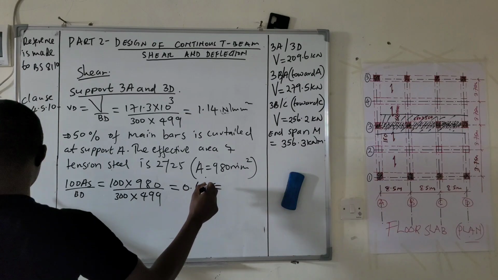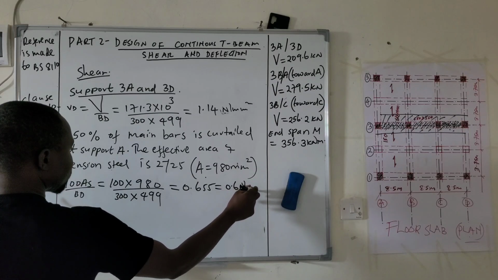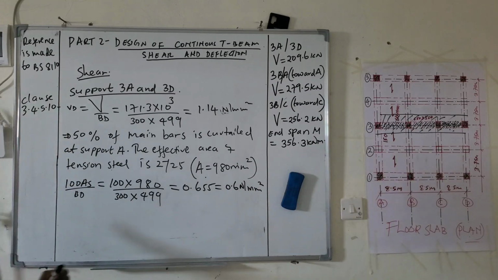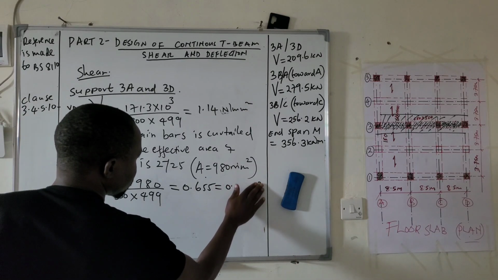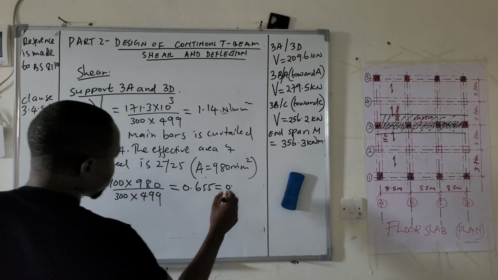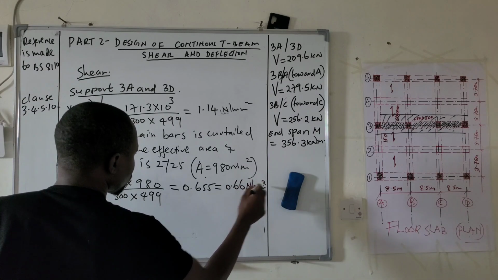If you round it, you will get 0.6 Newton per millimeter square. So that is our VC. Now this one is equal to 0.66. If you round it, it's equal to 0.66 Newton per millimeter square.